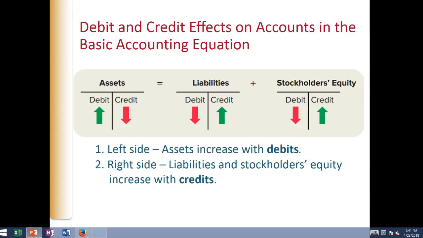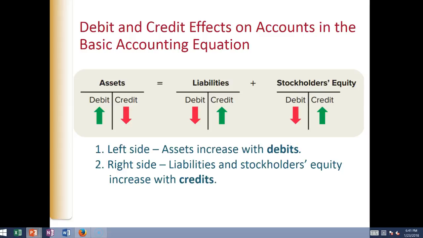Now, depending on what kind of account we're dealing with, a debit will increase assets, and that's the normal balance for assets, where a credit will decrease the asset account.